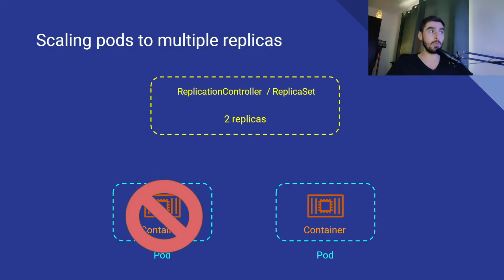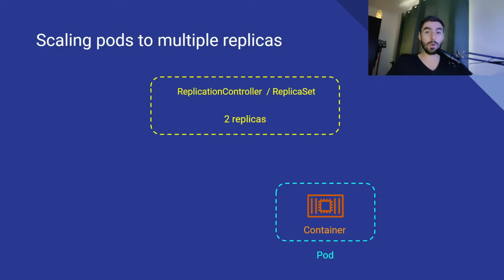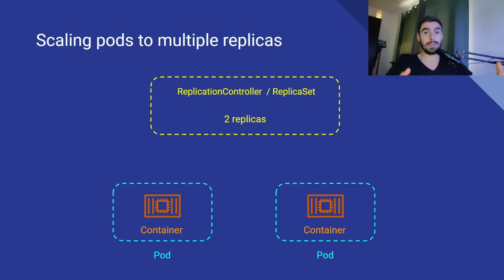And if one of them goes down, the desired state is still two replicas, so a new one will get created in its stead. Which means if something happens to your pods and they accidentally get deleted, you're safe, because new ones will be created by your replication controller or replica set.